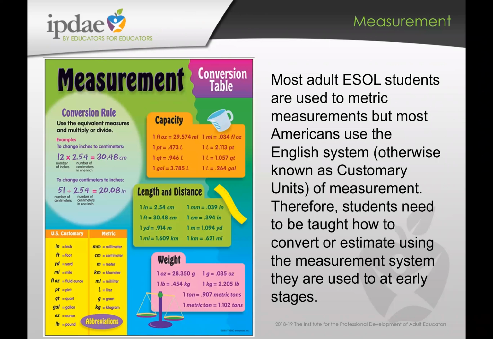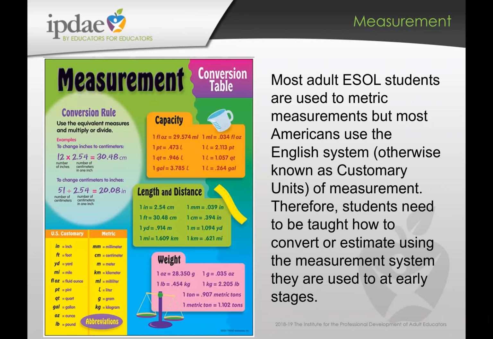We don't expect ESL students to be able to convert, but we want them to be able to estimate, so they need to know somewhat of a conversion. If my house is 5 kilometers from school, how far is that in miles? Giving an idea of the difference between how far a mile is and how far a kilometer is allows the student to apply a little critical thinking to guesstimate how far it is.